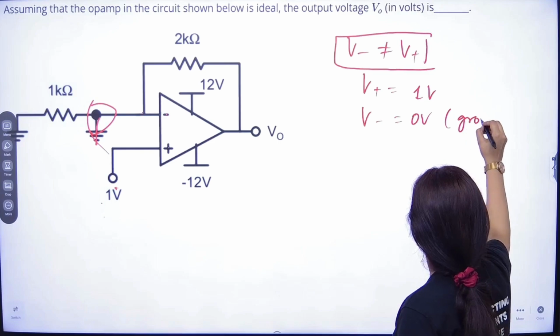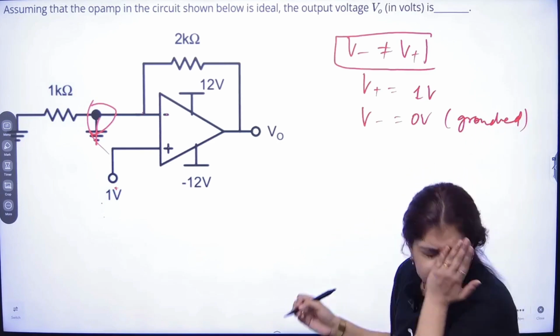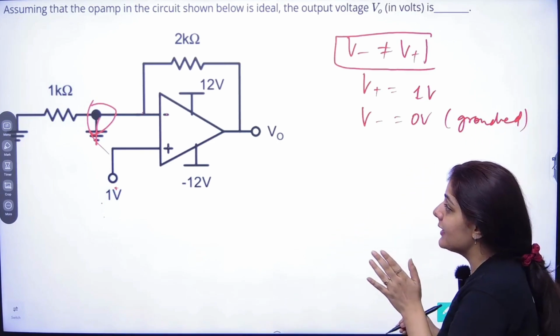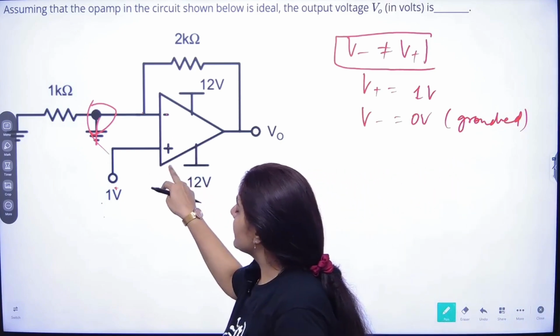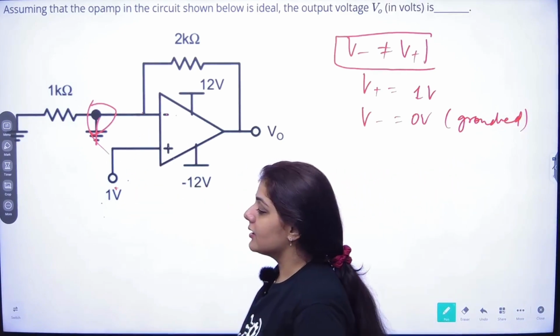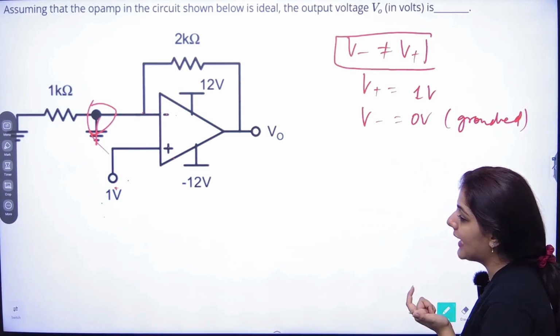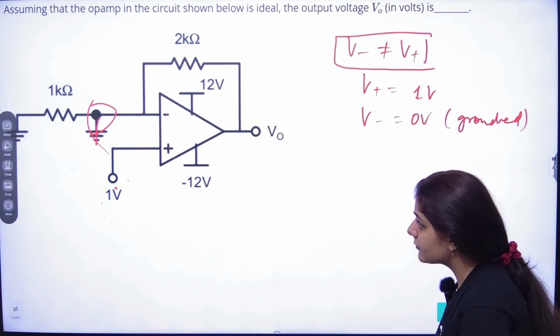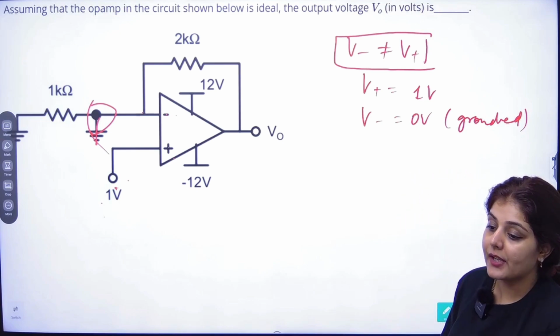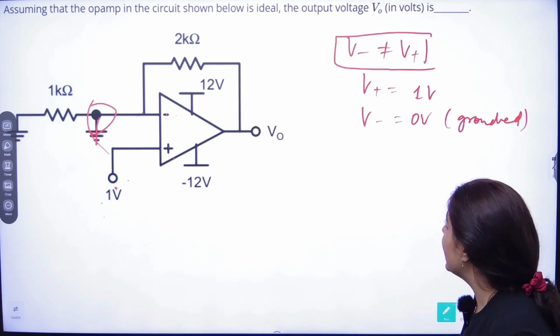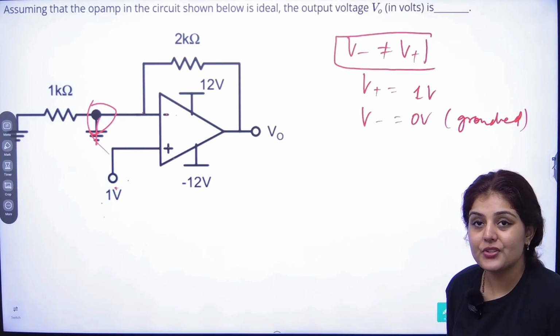This is grounded. Directly we can see that in the circuit. So this is the positive terminal, this is the negative terminal, and the positive terminal is directly connected to 1 volt and the negative terminal is directly connected to 0 volt, that is, grounded already. So in this case V negative is not equal to V positive, right?